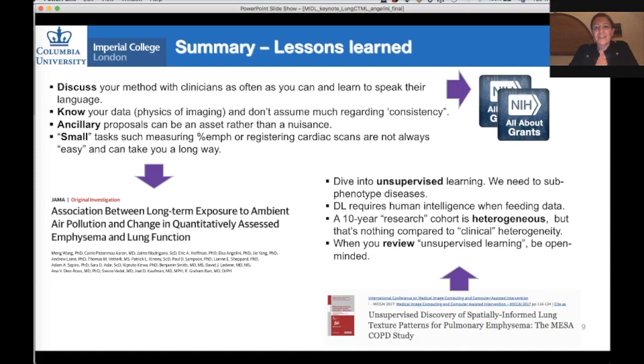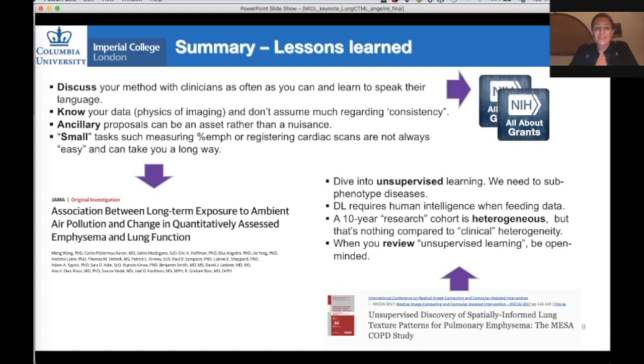And the other nice thing is that when you work with MESA and Spiromics, you're really part of again a big community of investigators that work on the same data. So, when you get feedback from the committees reviewing your proposals, you usually get very interesting feedback, and also you know that everybody is aware of what you are trying to do, and that you're doing something that is different from other people.